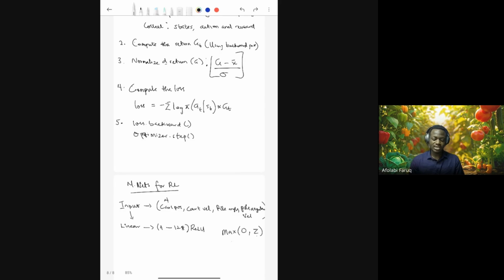If you look at a graph like this, this is ReLU, the rectified linear unit. This is the x-axis, with negative x and positive x.